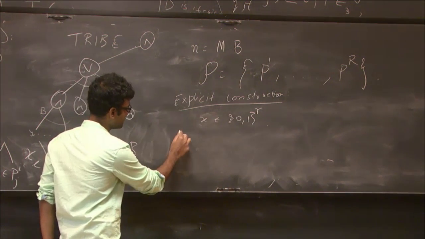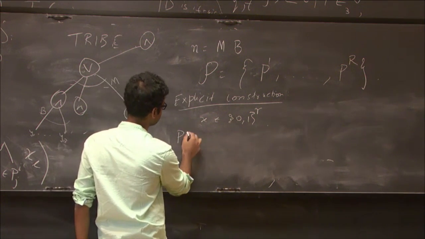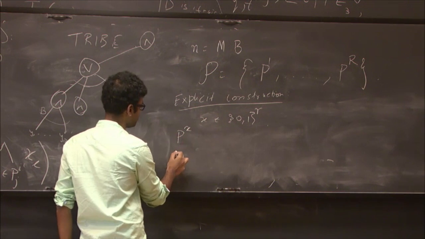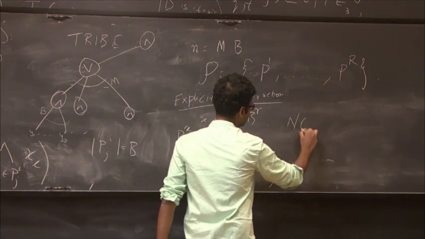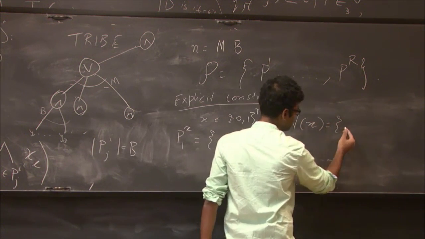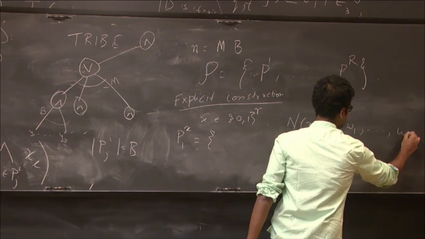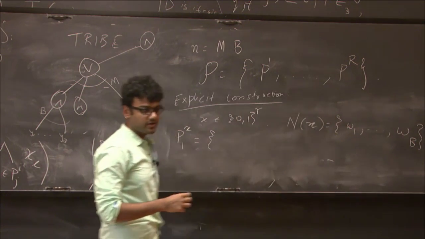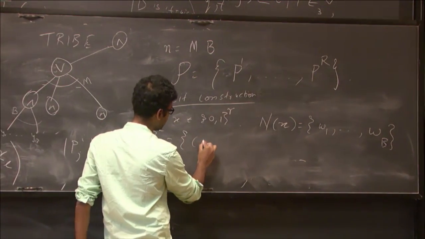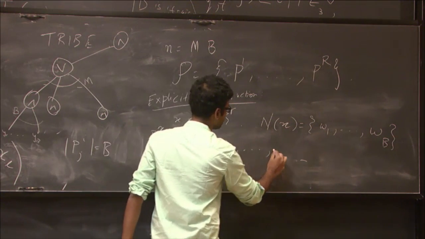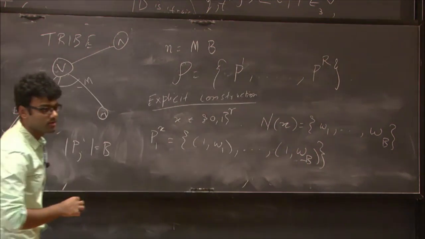Now we define the set P x 1 to be, so let the neighbors of x be, say, W1 through WB, right? So we'll define the first block of this partition as (1, W1) through (1, WB).